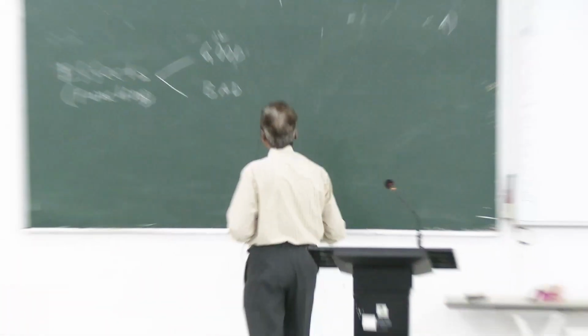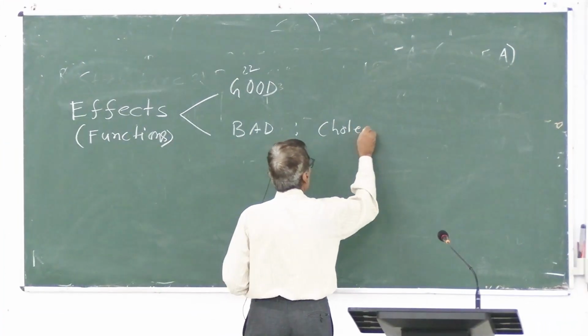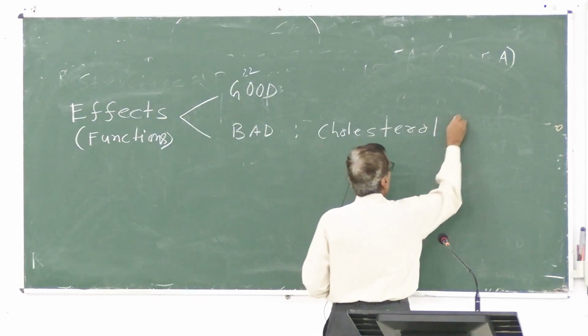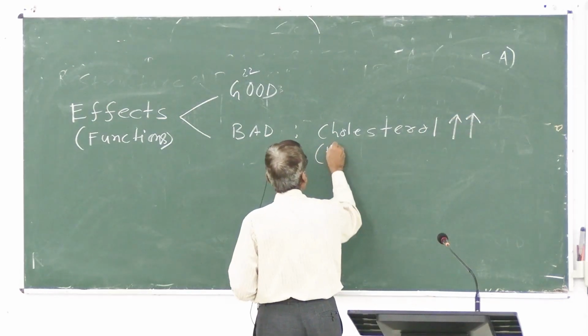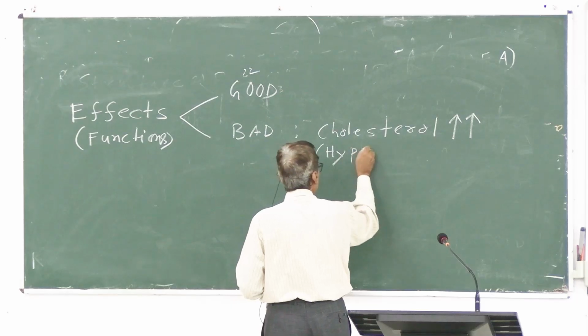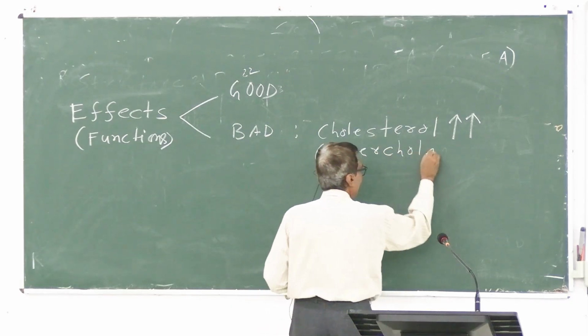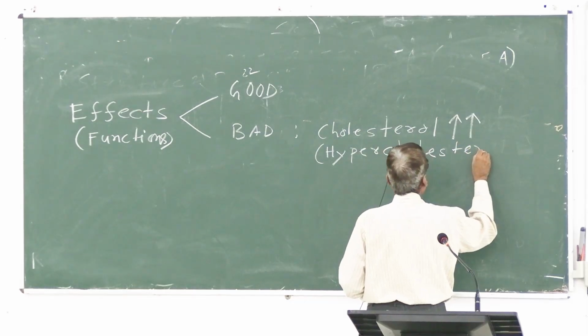Bad effects means when cholesterol is raised. Cholesterol is being produced in excess. That is called hypercholesterolemia. There is a lot of cholesterol in the blood, which is known as hypercholesterolemia, and there are many causes of hypercholesterolemia.